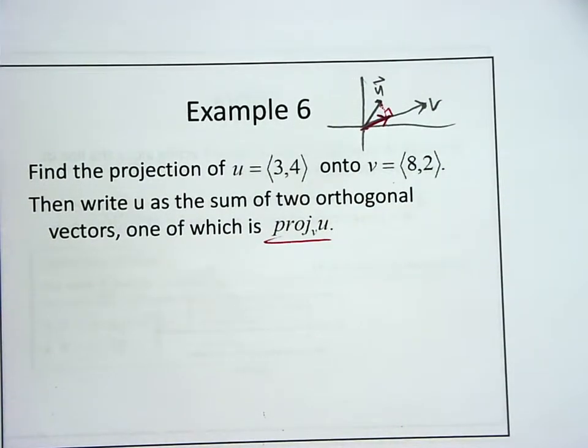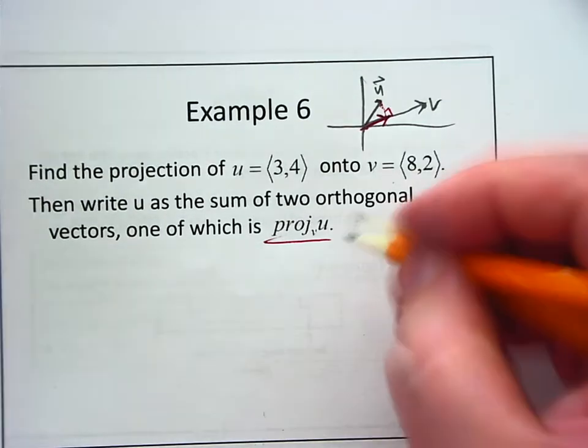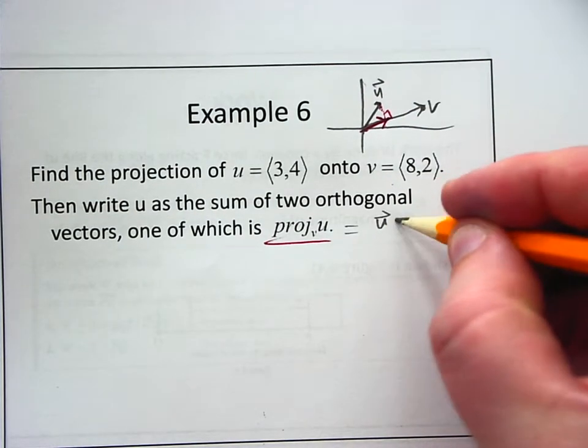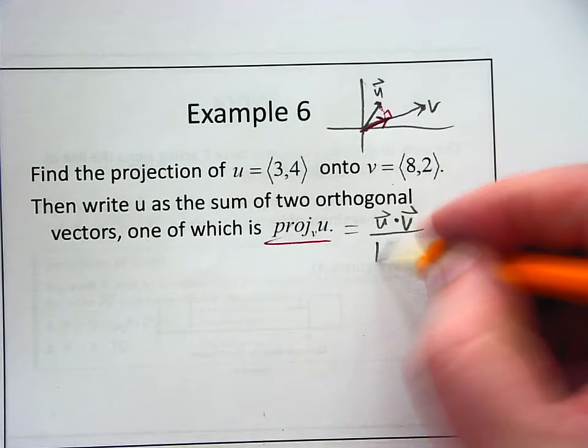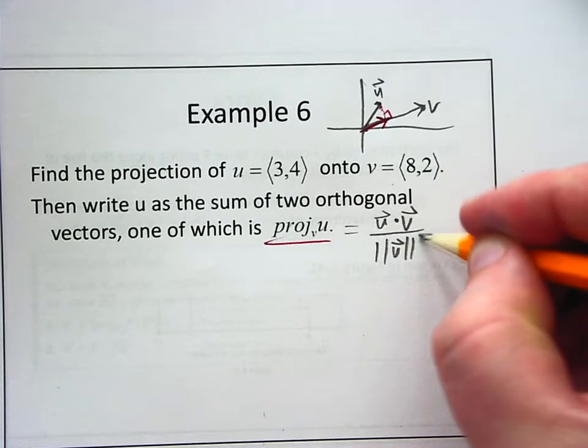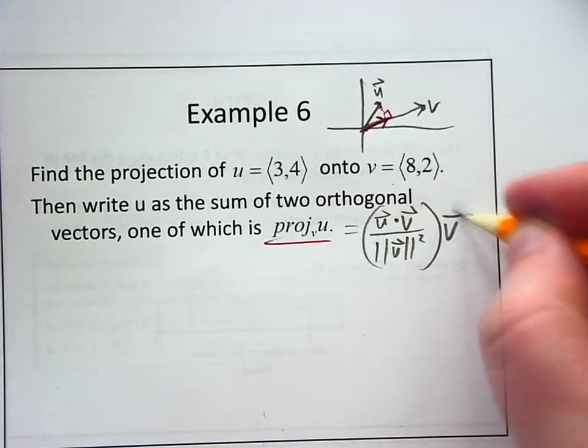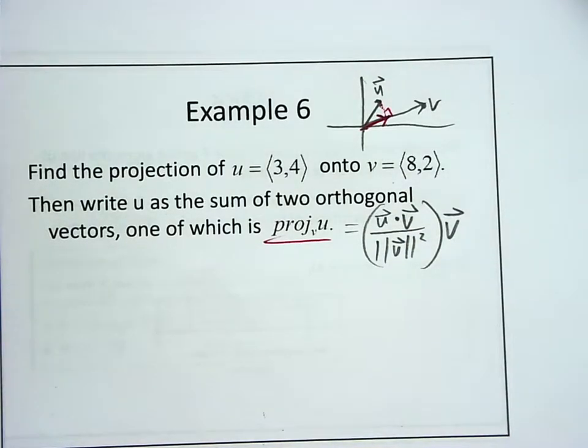Okay? Well, that would be really weird to figure out. So what I do instead is use that projection formula. This is equal to the dot product of those two vectors divided by the magnitude of V squared, all that times the vector V. So it's modifying the length to be appropriate along that vector V, and then it's multiplying it times the vector V to change those values.